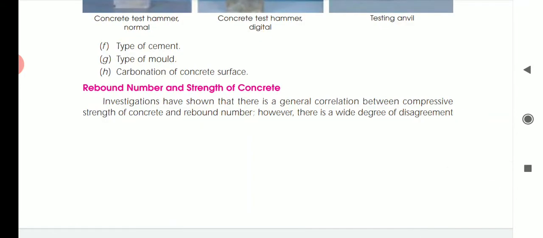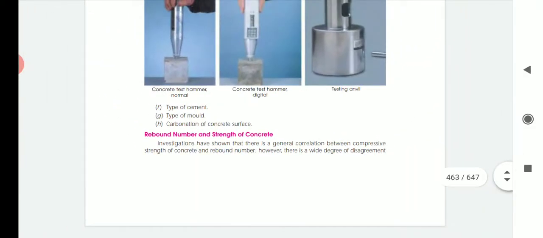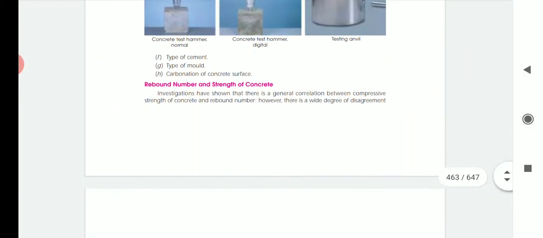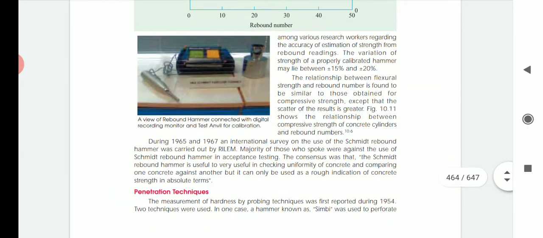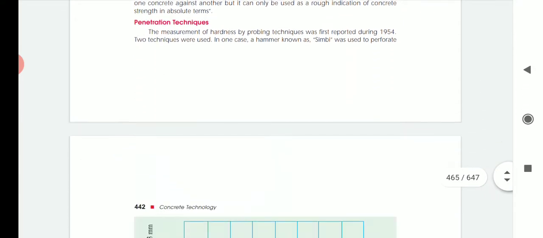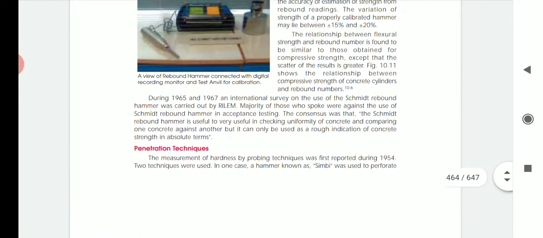So these all are going to affect the rebound hammer test. Compared to the pulse velocity method, the rebound hammer test will not give an accurate result. So that is one test, the rebound hammer test.